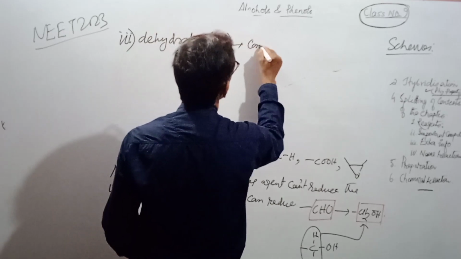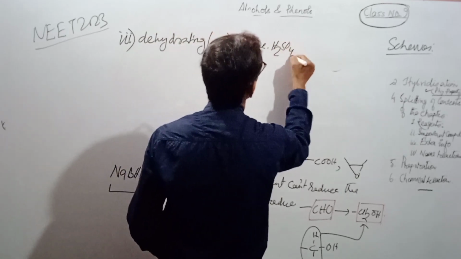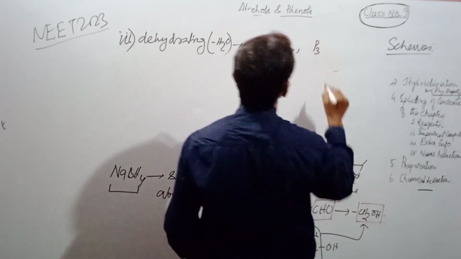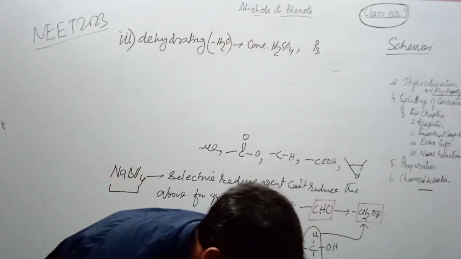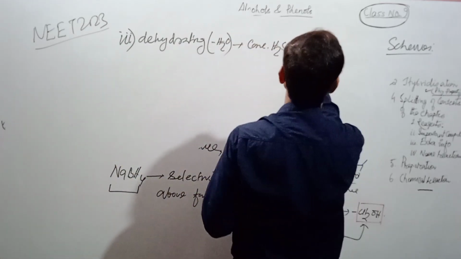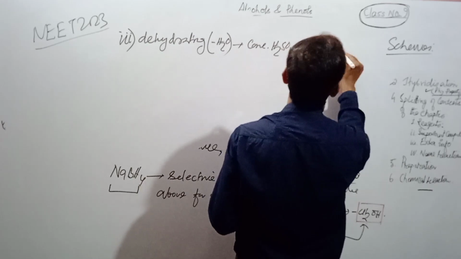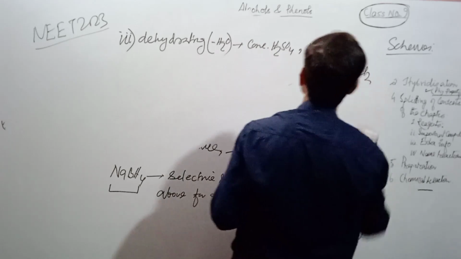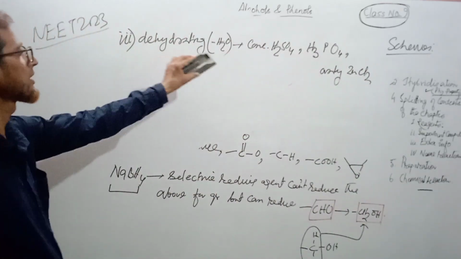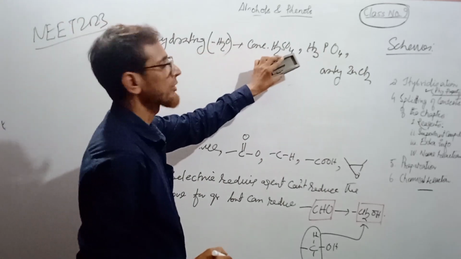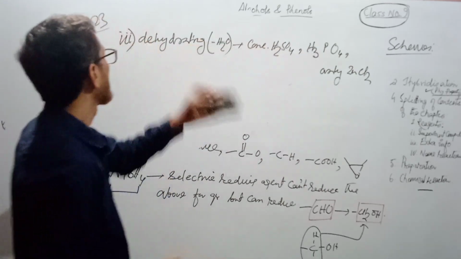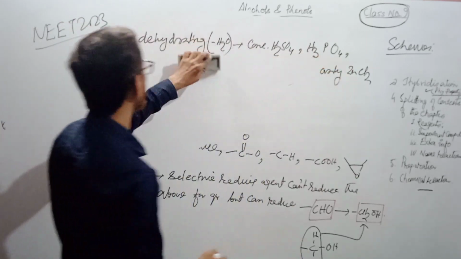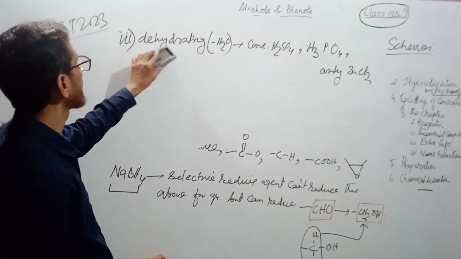Keep these reagents in your mind: concentrated sulfuric acid, H3PO4, P2O5 anhydride, zinc chloride, and lots of other things, but we will discuss them in the chapter. If these react with other compounds, they will instantly remove water from them. So these are reagents with the help of which water is released from the reactant. That's why they are called dehydrating.